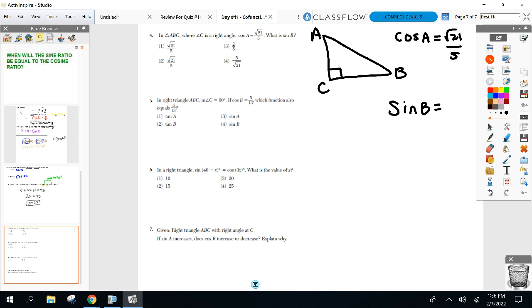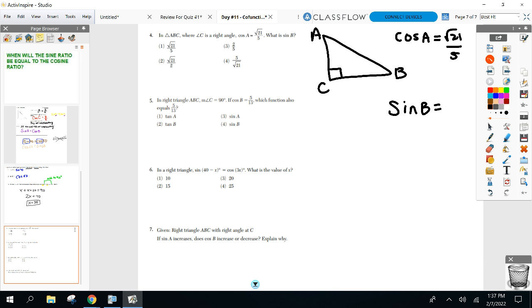I don't want you to overthink it. What do you know about A and B again? They're complementary. So if they add to 90, the cosine of one angle is equal to the sine of the other. I know some of you don't think it's that easy, but yes, it is here. A and B are complementary.